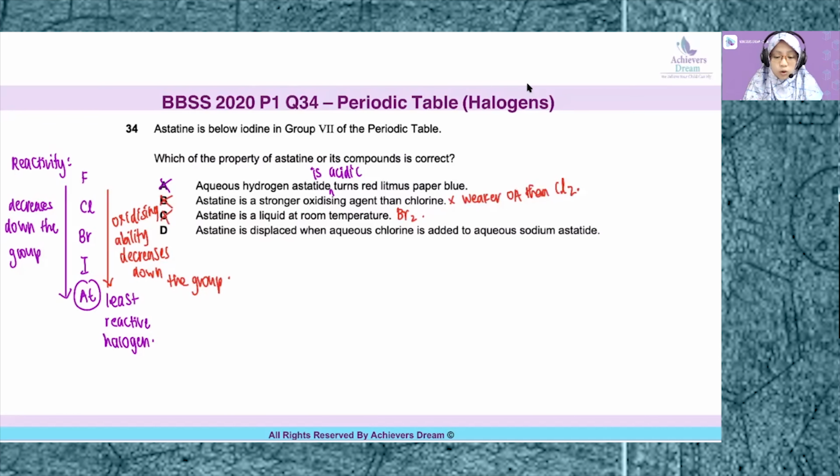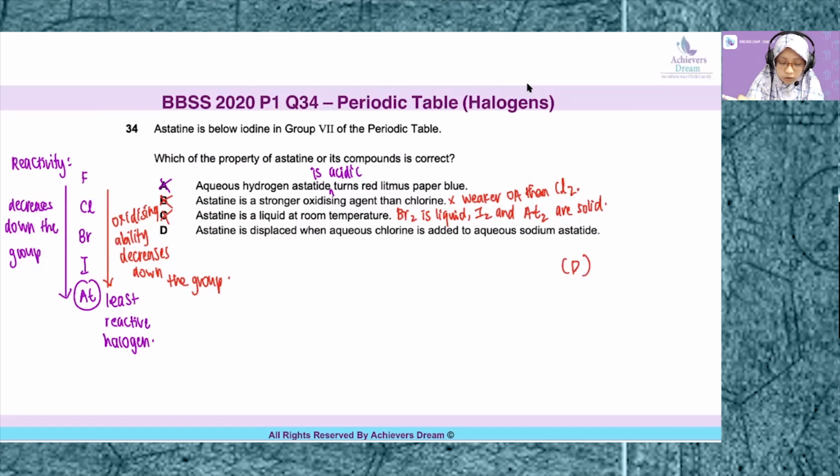Astatine is a solid. Br2 is liquid. I2 and At2, because they are diatomic molecules, that's why I write it as I2, Br2, Cl2, At2, are solid. And that's why our last statement is actually the correct answer.